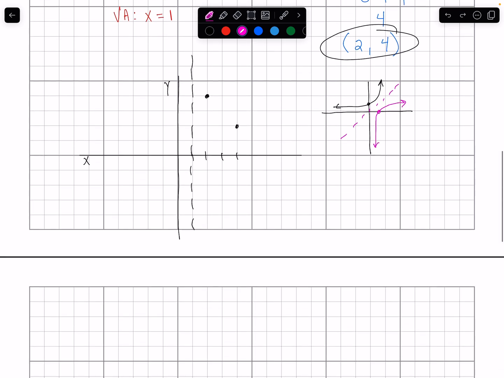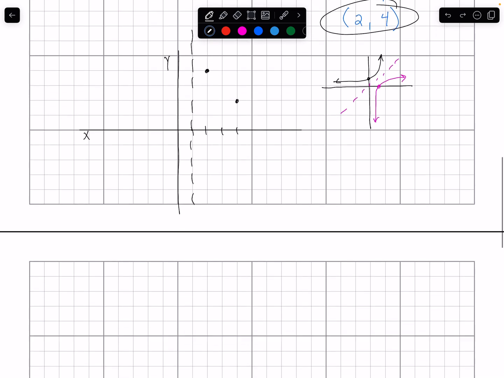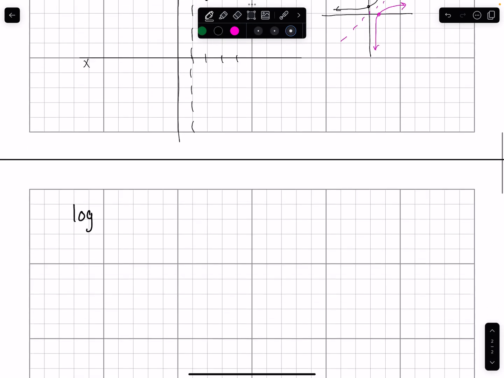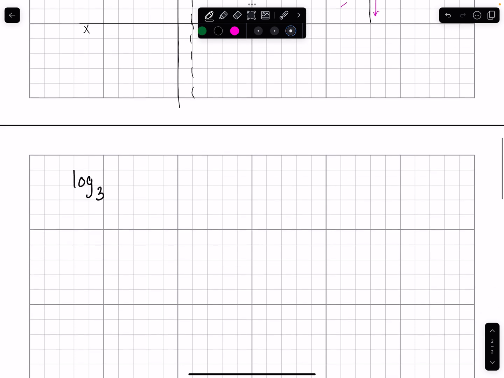All right, so to get one more point, I want you to think about this. We have log base 3 here. You want this to be a number that's in reference to 3 to some power.